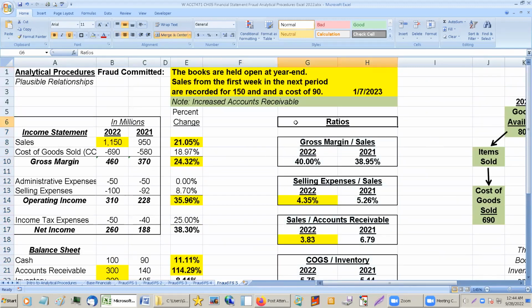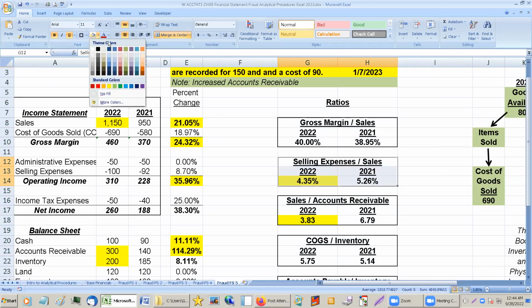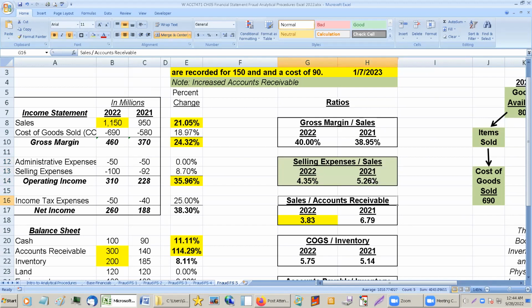And again, these are not necessarily just the ratios by themselves. For instance, if you looked at this ratio, it wouldn't necessarily mean there's fraud. If you look at this ratio, you could not look at that and say, oh, there's proof of fraud. That these changed. There might be a logical explanation for it, but it'll tell you to look there.